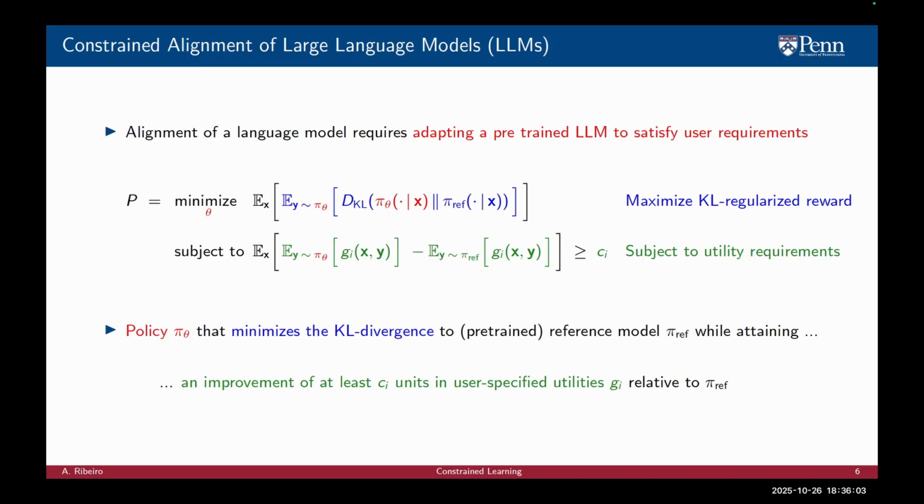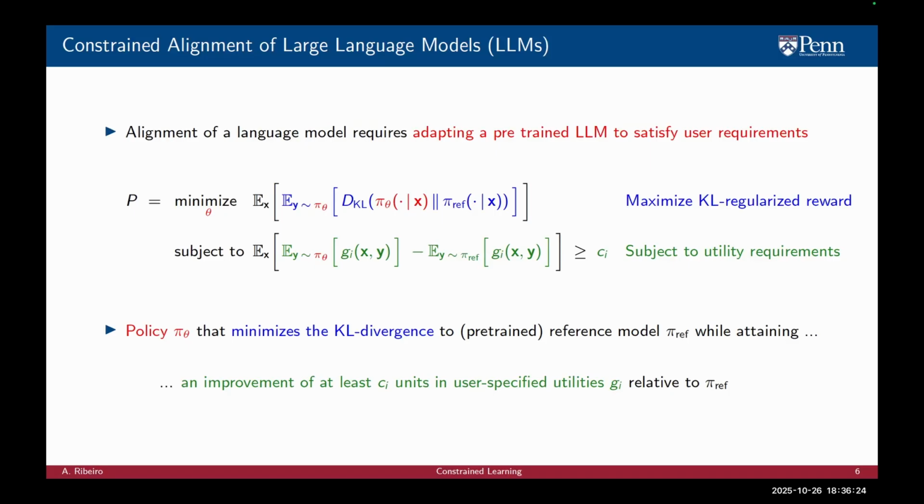So when you hear about an LLM, what you're hearing about is a probability distribution that takes a prompt as an input and produces some text as an output, and that output is generated by a probability distribution that is parameterized by a large scale transformer.